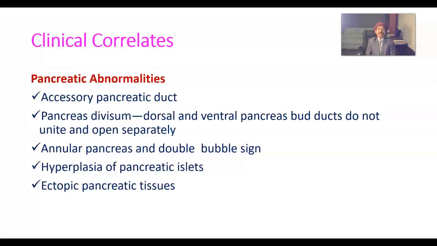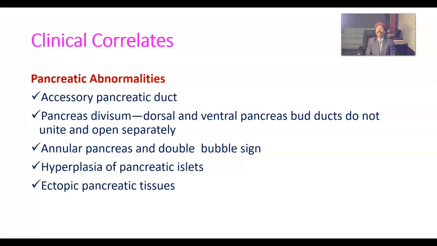Annular pancreas. The ventral pancreatic bud should go posteriorly and be located inferior to the dorsal pancreatic bud. But sometimes the ventral pancreatic bud structurally has 2 components. One component goes to the left side, another goes to the right side.